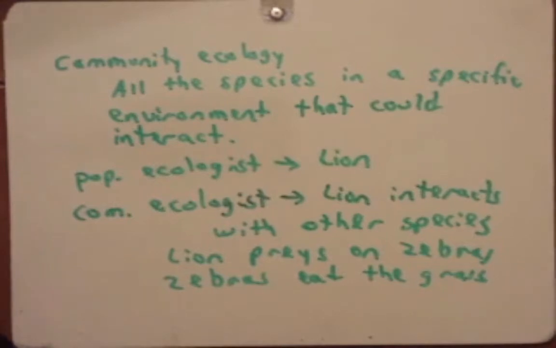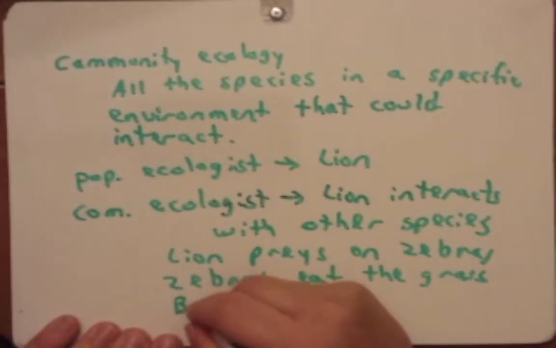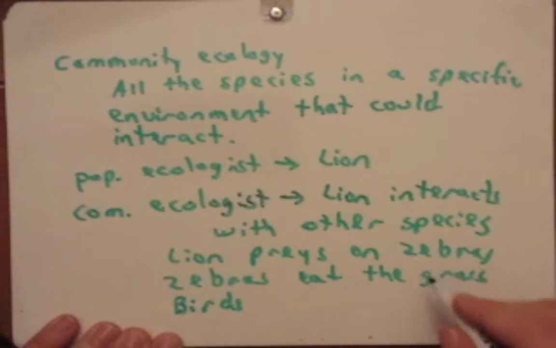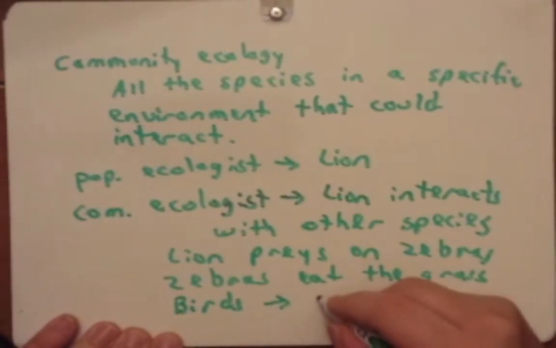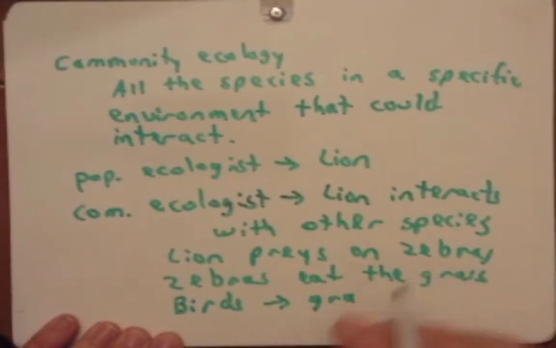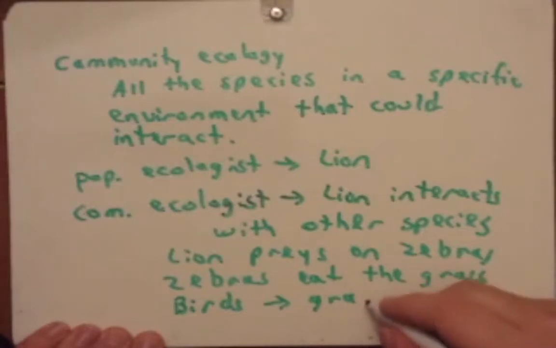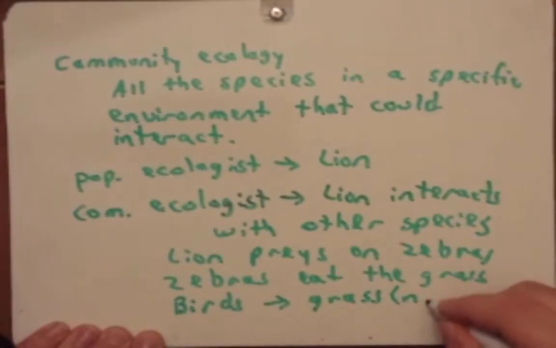We can think of even the zebras eating the grass as a predatory relationship where the zebras act as the predator on the grass. And then how the birds, or some of the birds at least, also go towards the grass. I shouldn't say eat the grass, but they might nest in the grass.